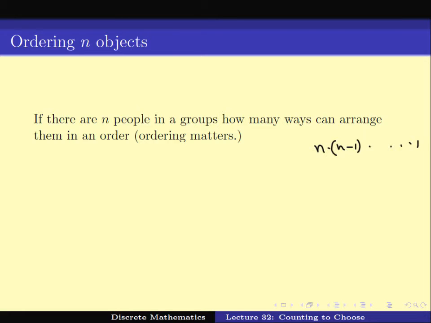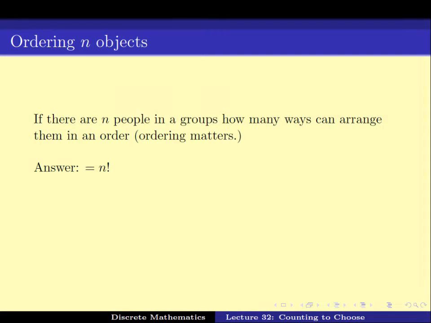So r here is n, and if you plug the value of r into the earlier formula, you get n factorial. Thus you see that n factorial is in fact the number of ways in which n people in a group can be arranged in a particular order, where order matters.